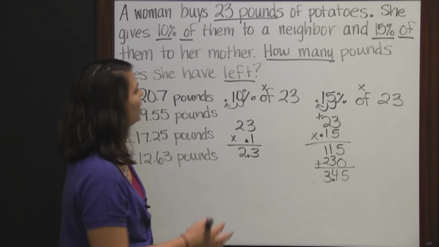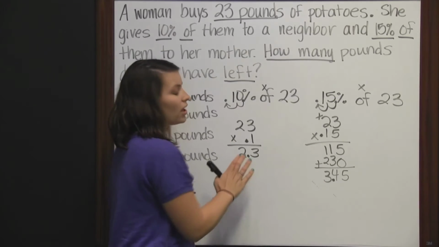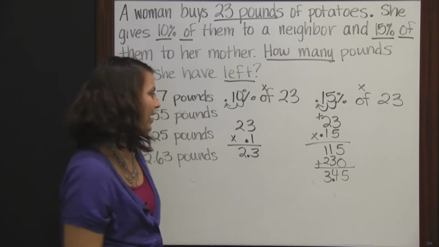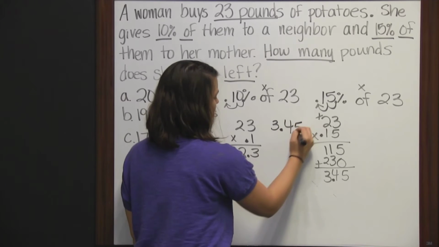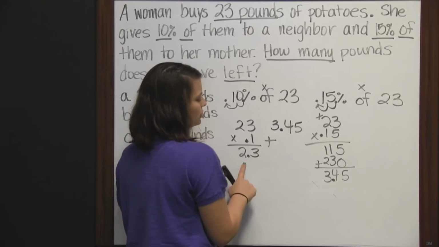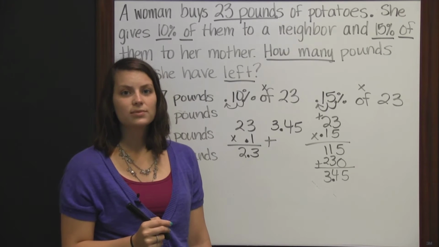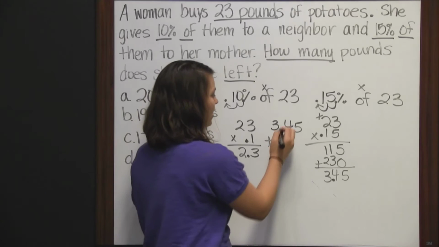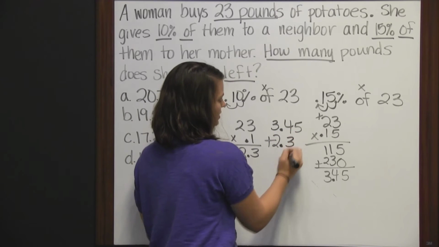Before we can determine how much she has left, we first need to total up how much she gave away. So we're going to take the 3.45 and add the 2 3/10 to it. Remember, when adding or subtracting decimals, we have to line up the decimals. So that's 2.3.